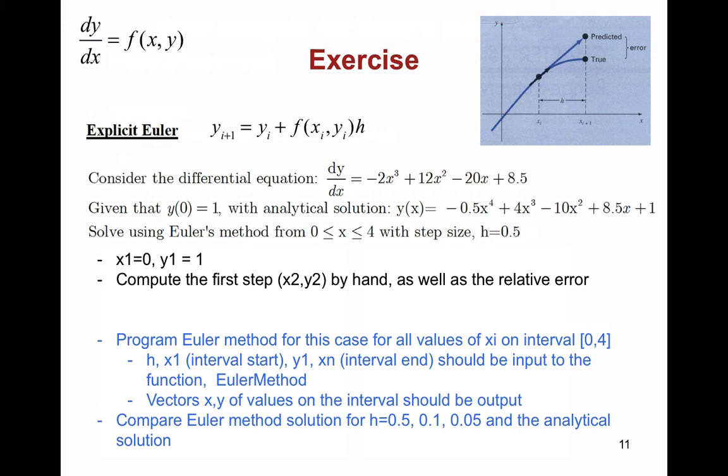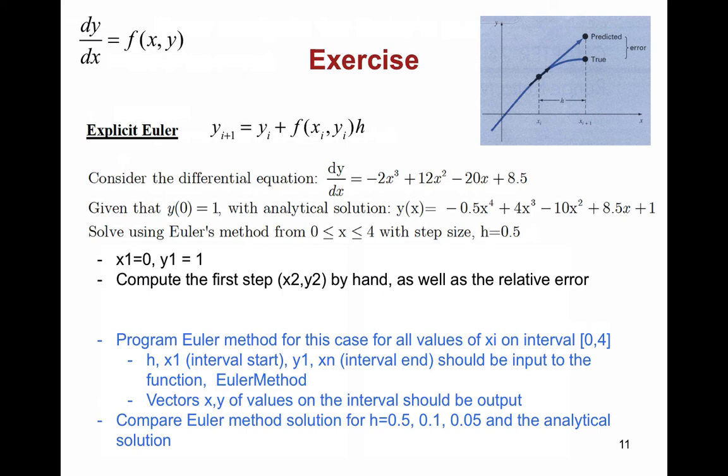We're not going to go and finish. But first, I actually want you to compute this by hand. Let's say that I'm solving the differential equation dy/dx is f of x, y, which is minus 2x cubed plus 12x squared minus 20x plus 8.5.